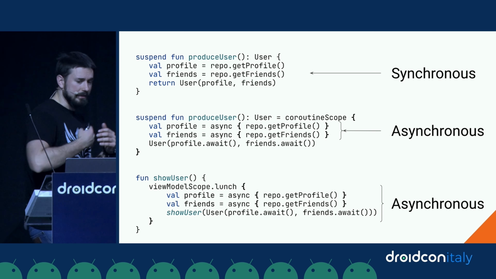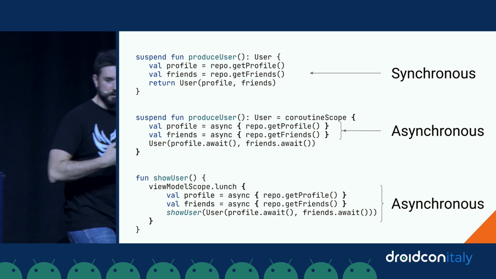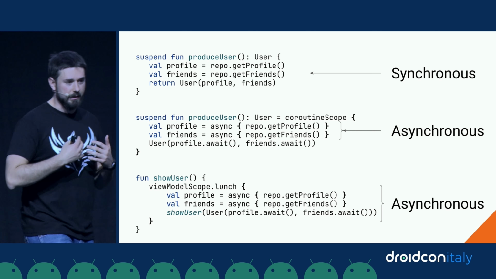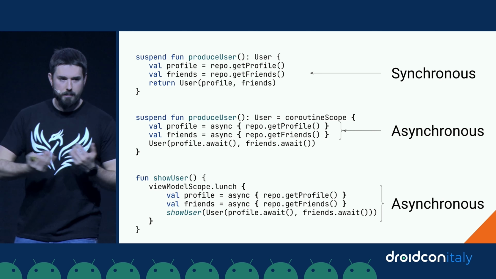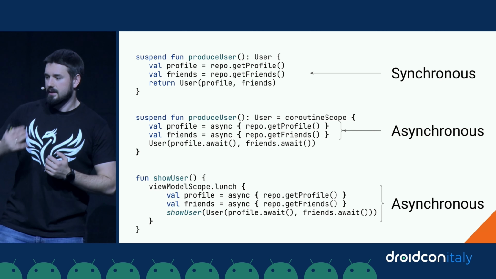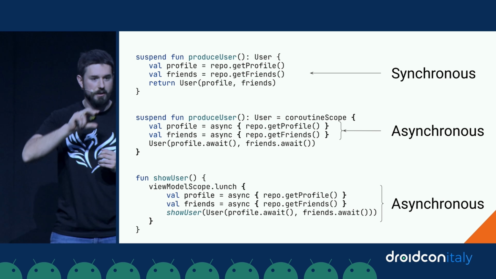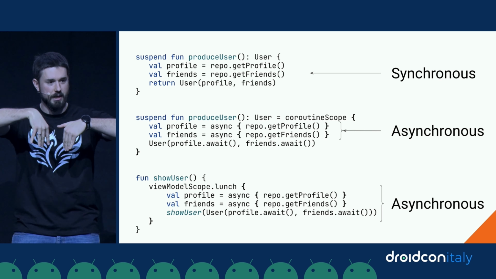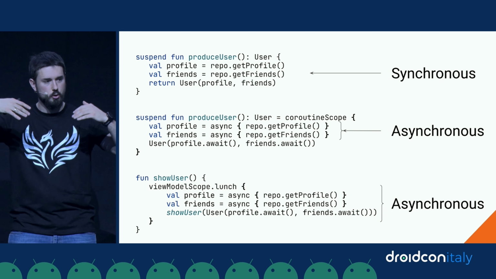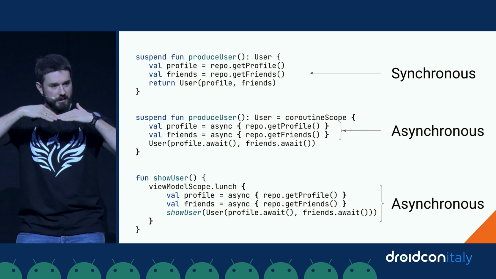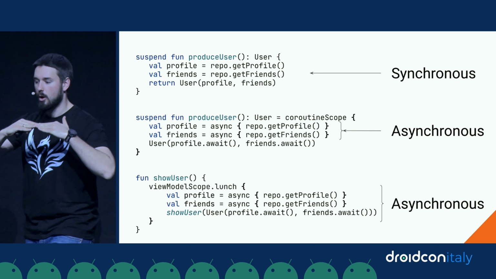You see, I started this section saying that the first code is synchronous and the second code is asynchronous, which is only partially true. In the second call, get profile and get friends are asynchronous in relationship to each other. But the function produce user is synchronizing them, so it is awaiting the completion of them both.